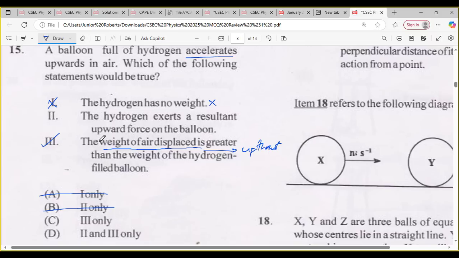Due to the different densities of the two substances, the fluid in which the balloon is suspended will exert an upward force, which causes it to accelerate upward. So option 2 would be false, because hydrogen does not exert an upward force on the balloon. Again, it is the surrounding air that is actually applying that upward force. So our correct answer would be 3 only, which would be C.